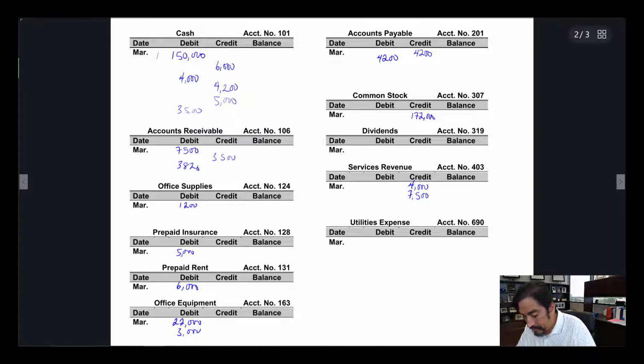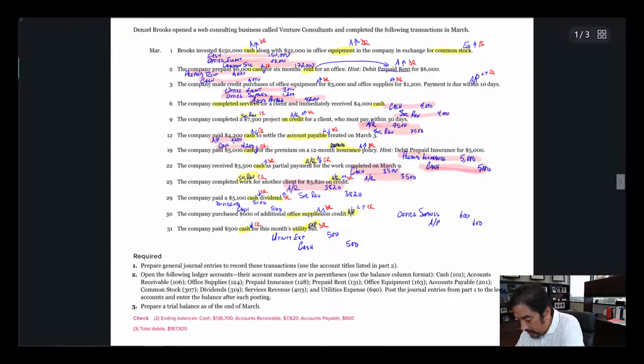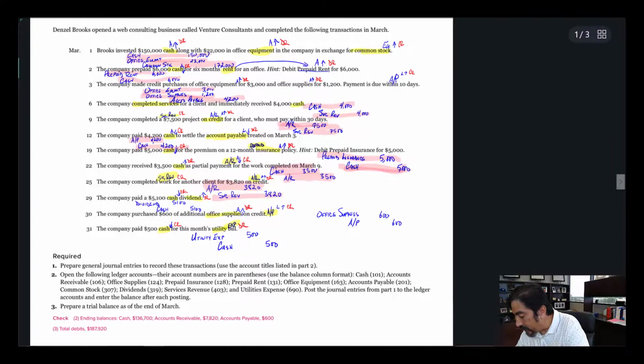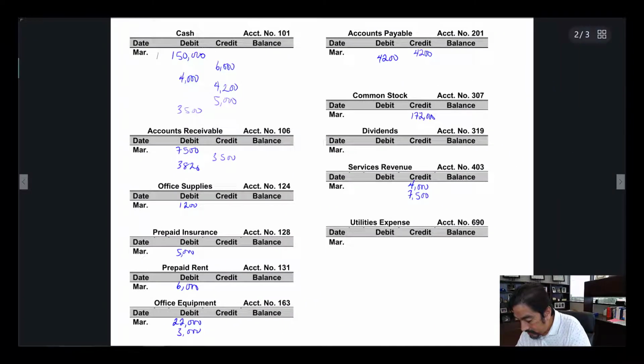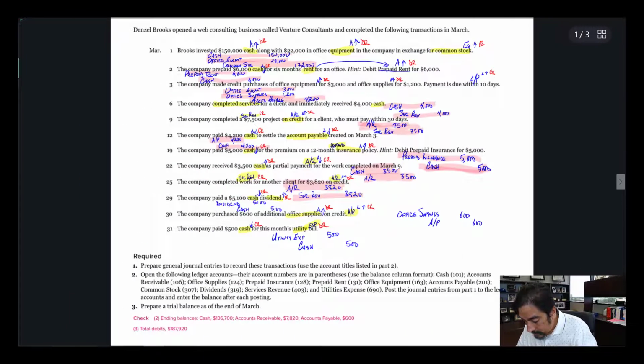And a credit to service revenue for $3,820. I've got a debit to dividend for $5,100.